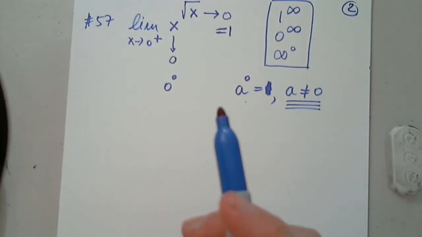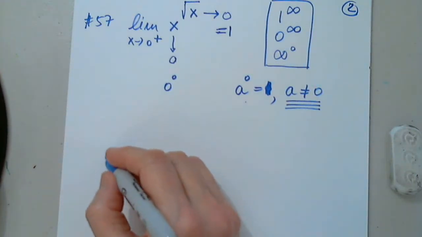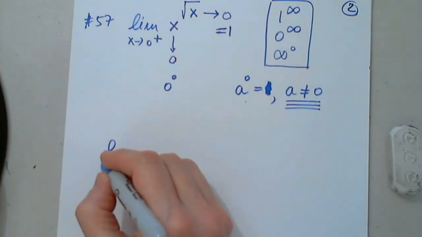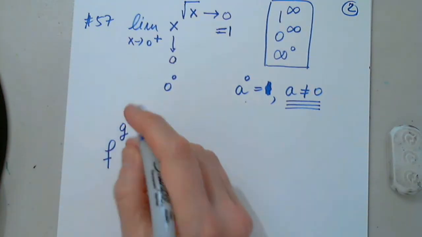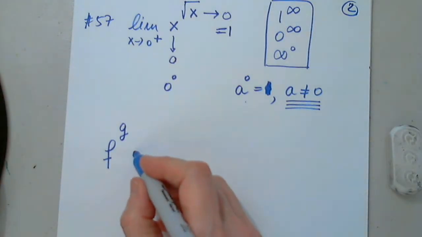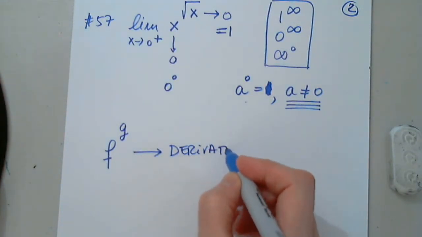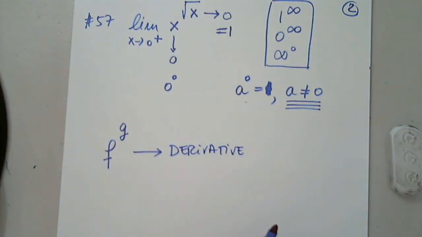So let me refresh your memory on something very important. Whenever we have a function raised to another function, I'll come back to that. So when we have a function raised to another function, how do we find the derivative of something like this? We subtract 1 from the exponent.